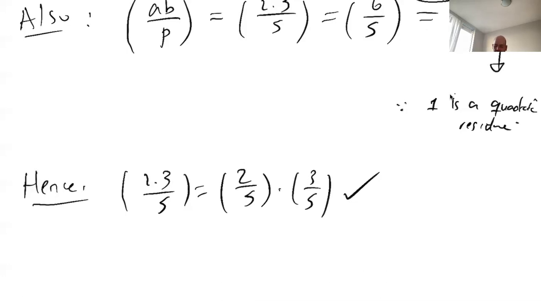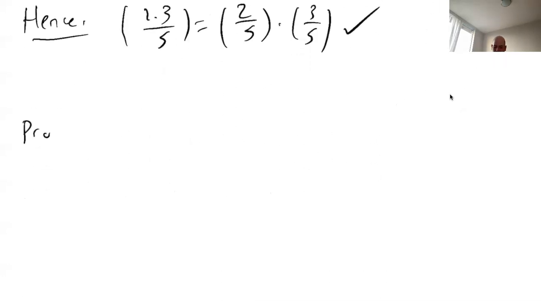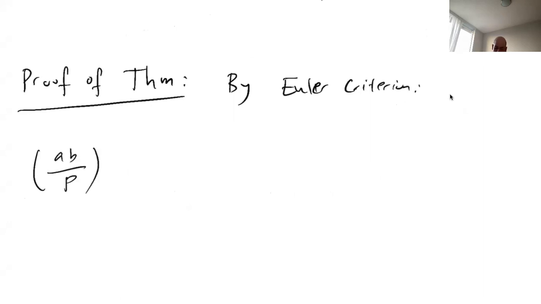Okay, now let's see how we can prove the theorem. So proof of theorem. By Euler criterion, AB over P is the same as AB to the power (P-1)/2, right? Remember, Euler criterion was saying that A over P is always the same as A to the power (P-1)/2.